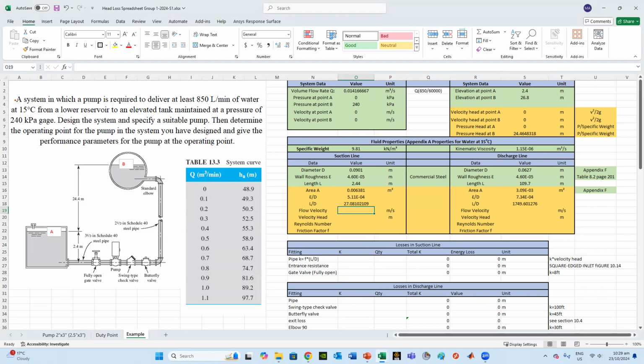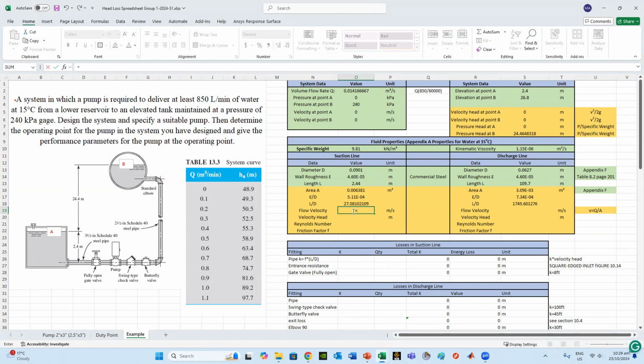To do that, I'll write the continuity equation, or volume flow rate equation: Q equals VA, velocity times the area. Rearranging that equation, V equals Q divided by A. And that equation will be for each one of them based on the area.